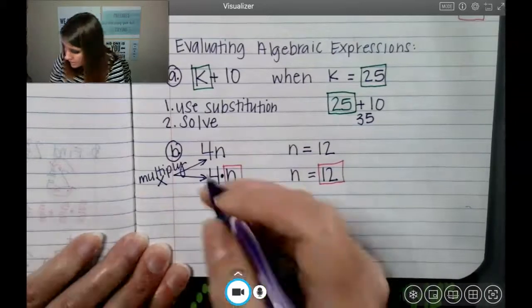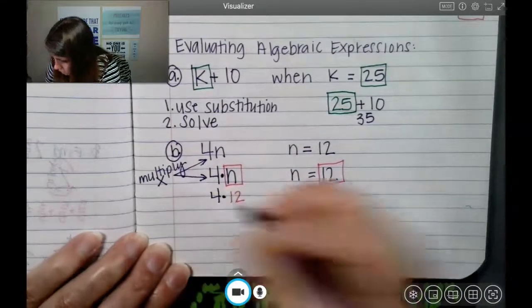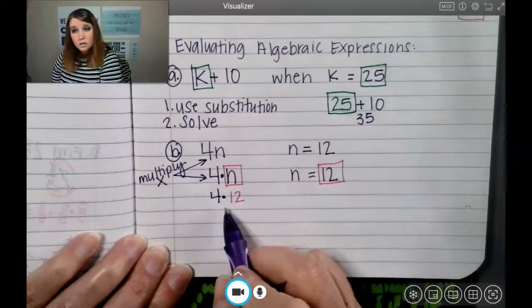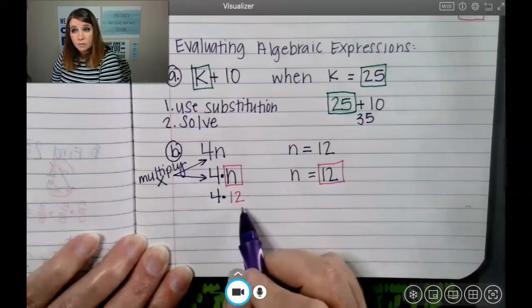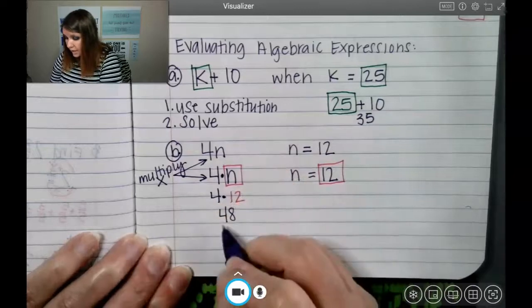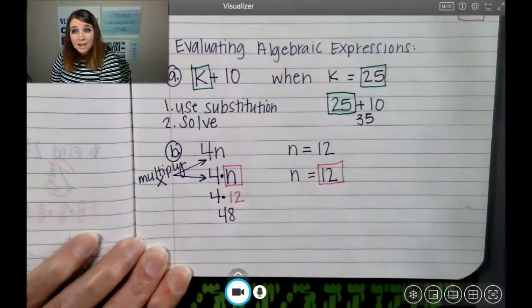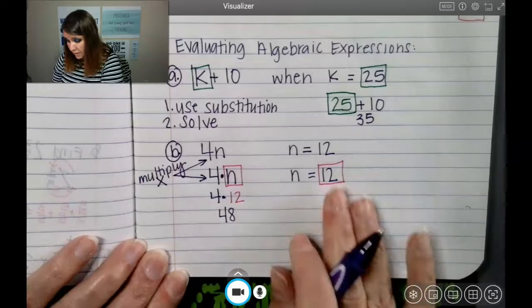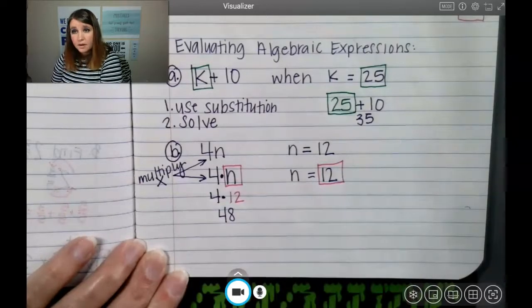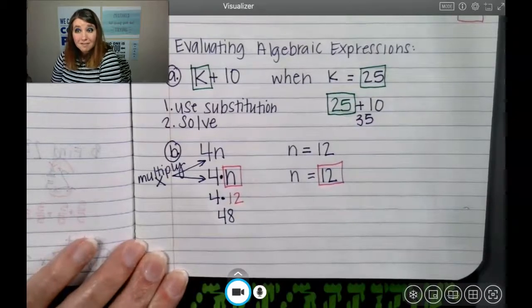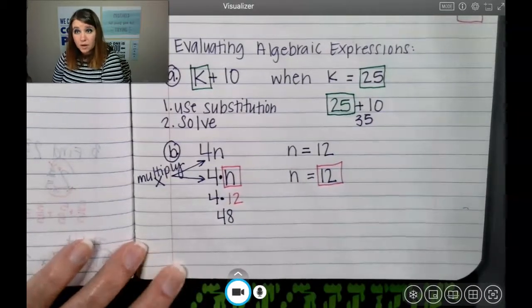And the rest of this says 4 times. So we know that 4 times 12, so 4 times 2 is 8, 4 times 1 is 4, so that gives us 48. So my answer is 48. So where I see the pink box, I just put it right there. And instead of having n, I just use the number that they give me. They gave me the 12, so I put the 12 there.